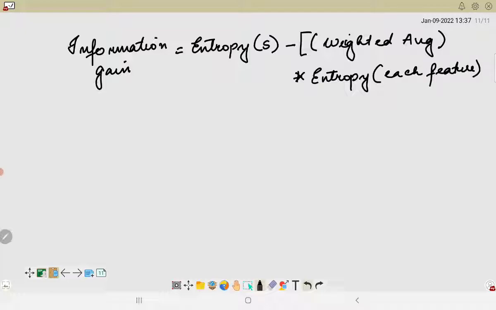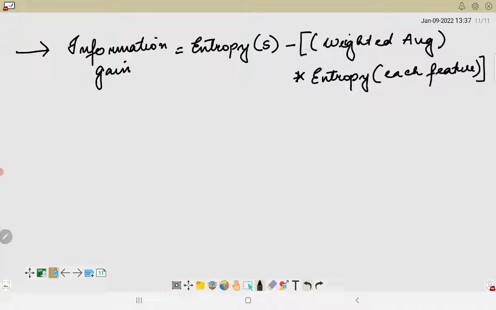So this equation is for information gain, and a decision tree algorithm always tries to maximize the value of information gain. The more information we get about a particular feature, the more would be the possibility of using it in order to split the data set. And a node or attribute having the highest information gain is split first and will be calculated using this particular formula.